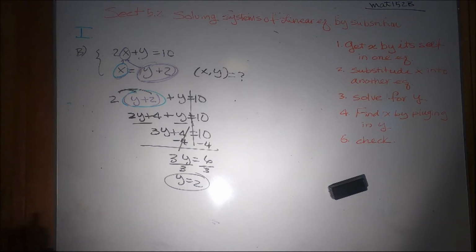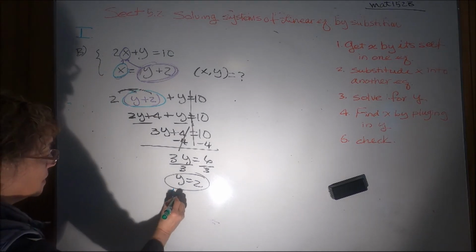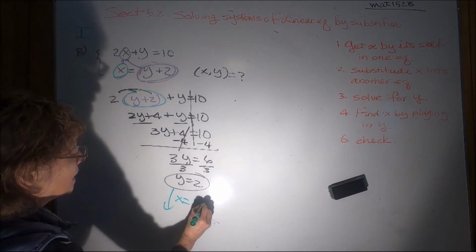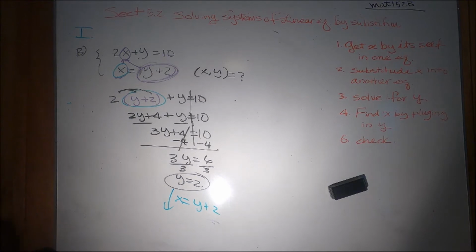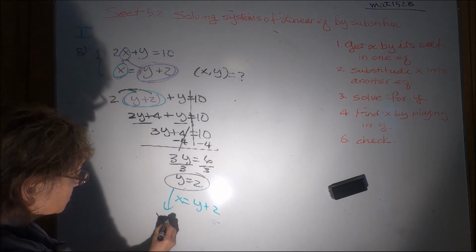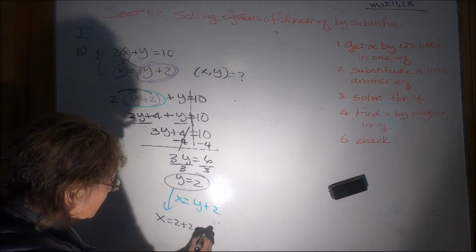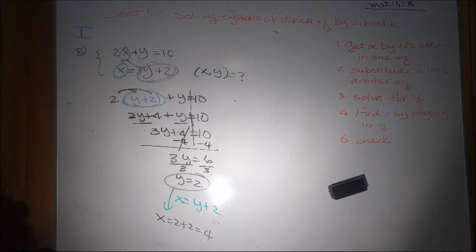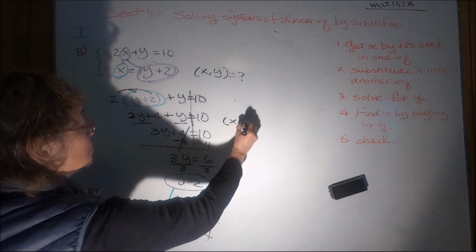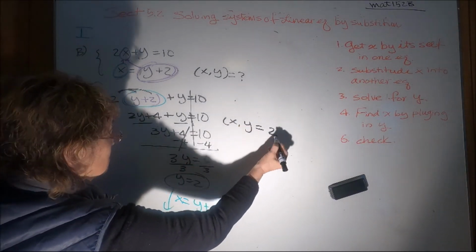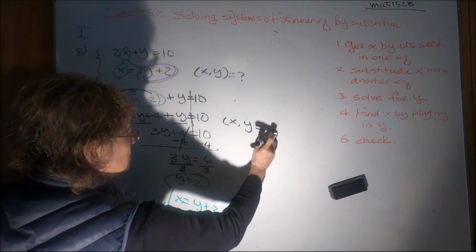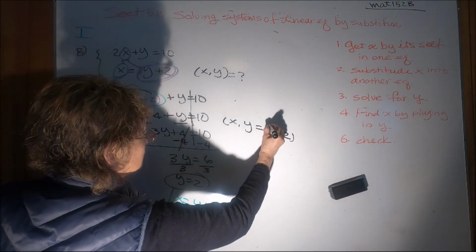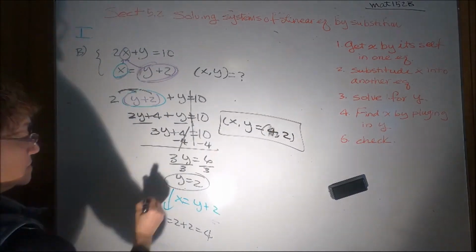Just find the simple one. The second one looks simpler. x equals y plus 2. So we just plug in y with 2, right? So x will be 2 plus 2 equals 4. So what's our answer? You will write x and y equals what? x is 4, y is 2.